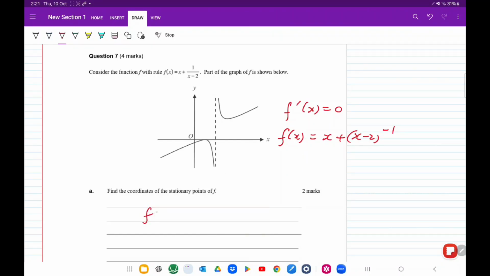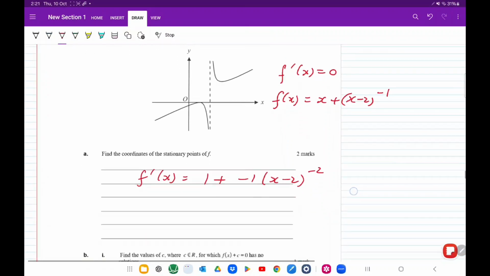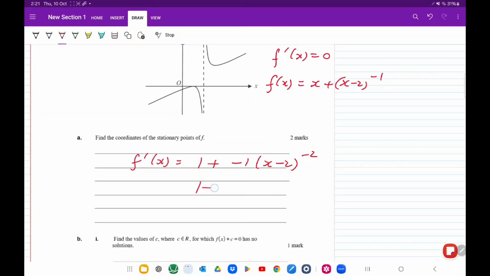So we get f dash of x is equal to 1 plus negative 1 times (x minus 2), and the inside of it derives to 1, so we don't need to make that adjustment, but we need to subtract 1 from the power. And that's it. You should probably express this as a positive index. You get that.